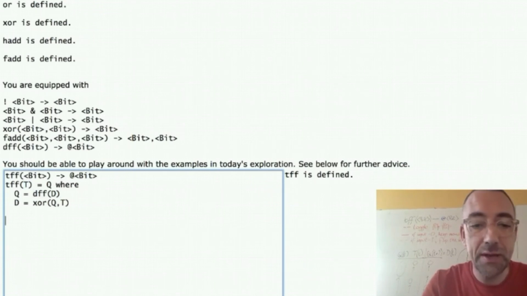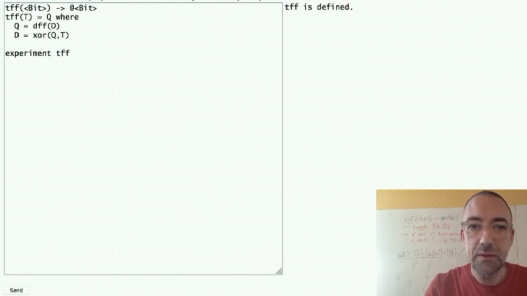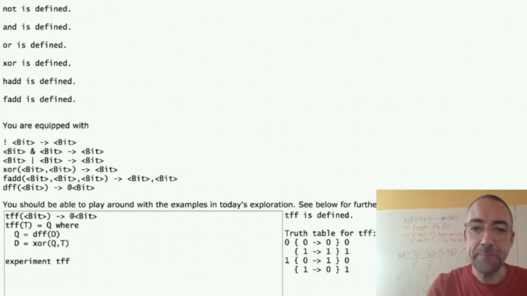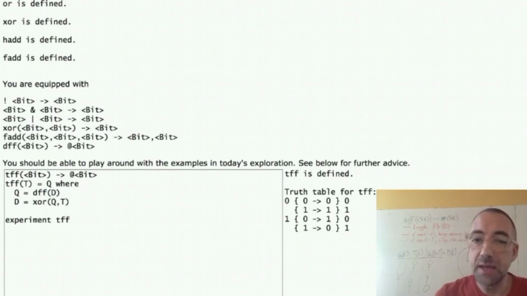Now we can do an experiment just to ask, what does the T flip-flop do? And when we run the experiment, you'll see that we are shown what happens inside the flip-flop for each possible control signal and state of the memory.